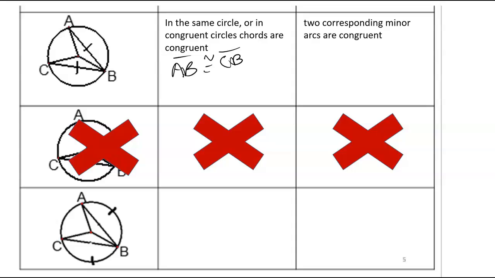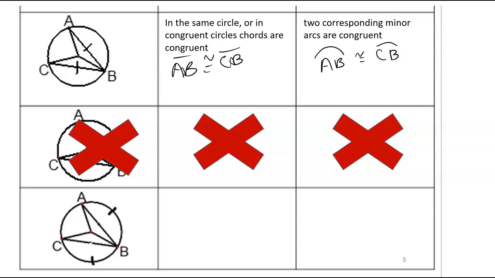And what that means is that their arcs are congruent, which means the curved part from AB is congruent to the curved part from CB. So the straight connection from A to B was equal to the straight connection from B to C. That means that the curved path from A to B is congruent to the curved path from C to B.